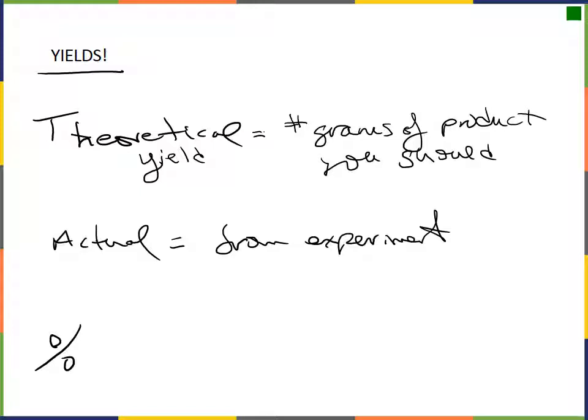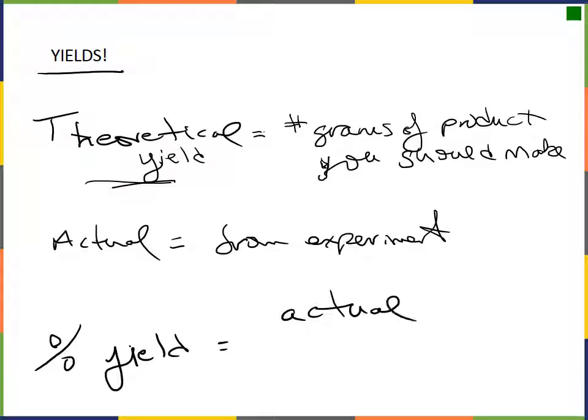So when you do your stoichiometry, where you go from grams of a reactant into grams of the product, the number of grams of the product that you should make is inherently your theoretical yield. Your percent yield, by definition, is actual over theoretical times 100. And since there's no miracles in chemistry, your percent yield is always going to be less than 100.